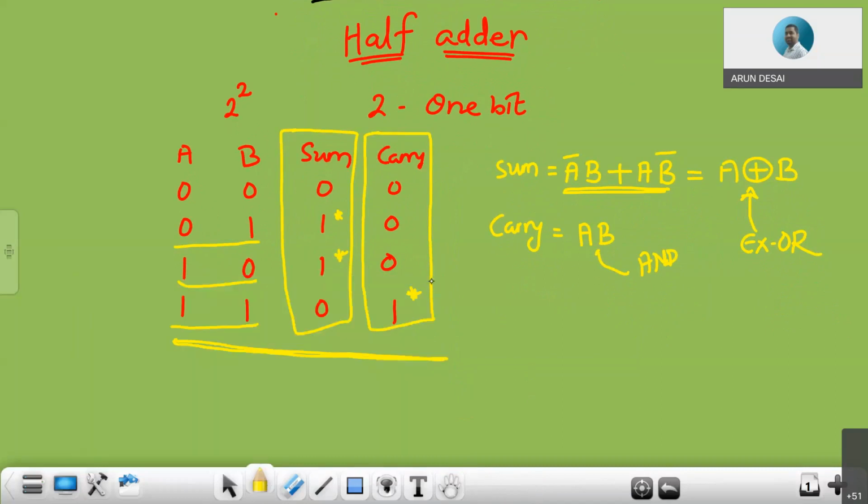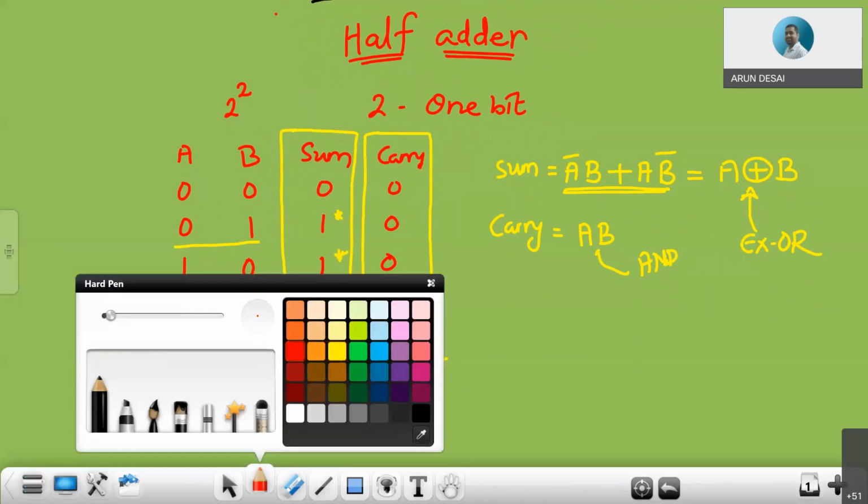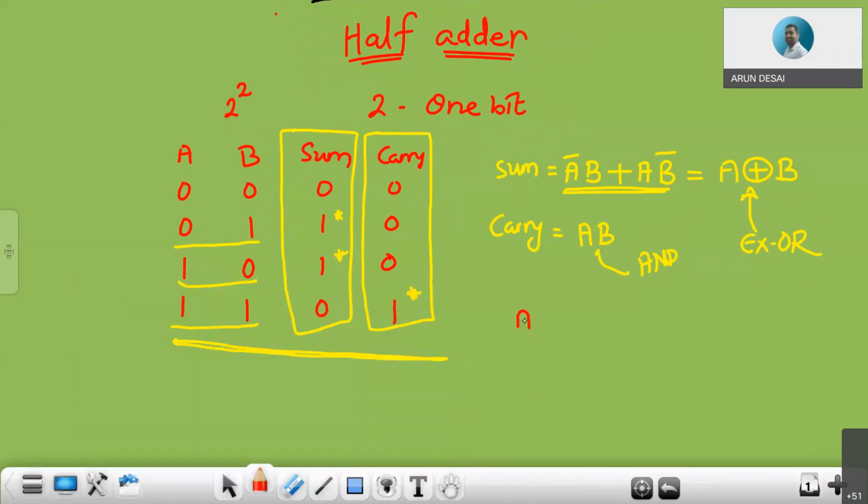So now how to design a circuit for half adder? Those are my inputs A and B. So for sum, we need to pass A and B to exclusive OR. This is my sum.